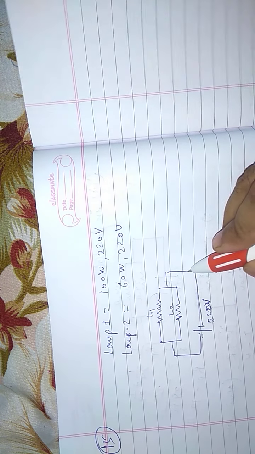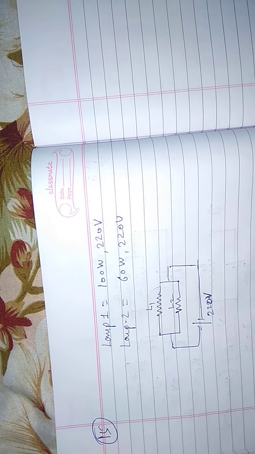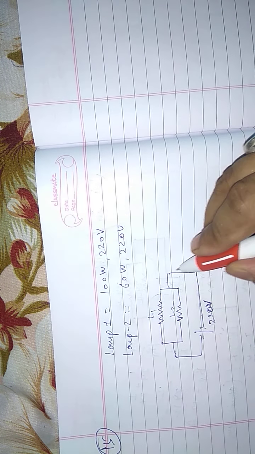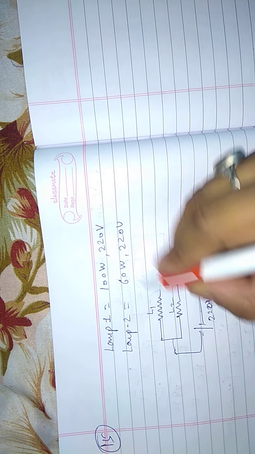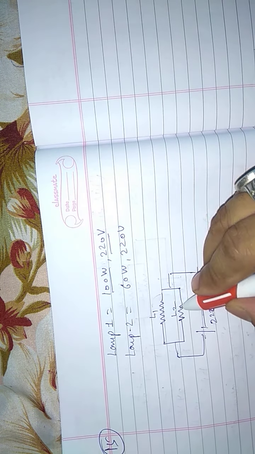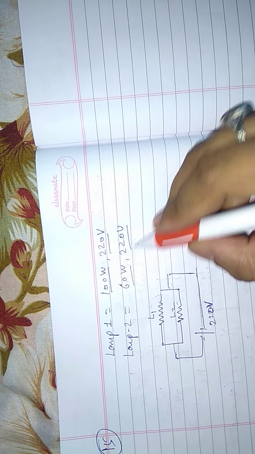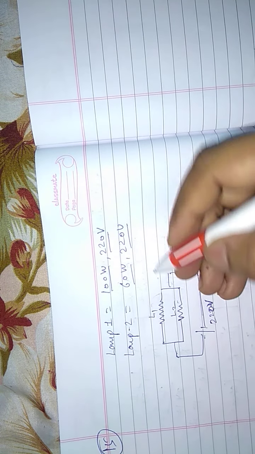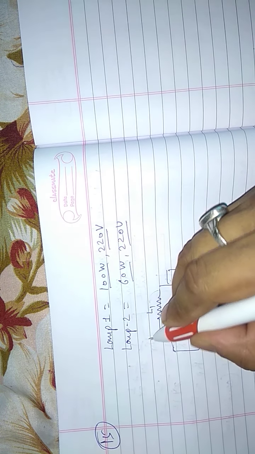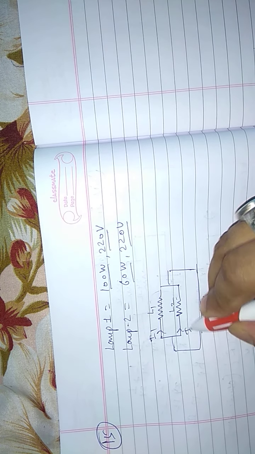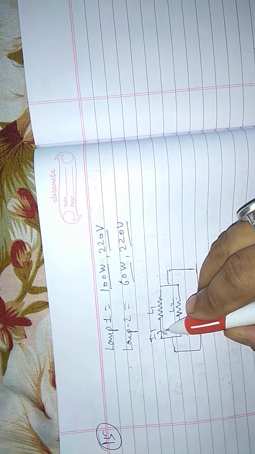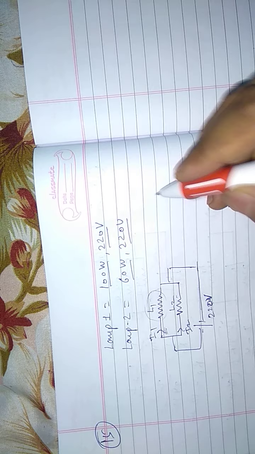Okay, this is the simple house connection basically. This is L1, 100 watt 220 volt. This is 60 watt and 220 volt. What is the current? Simply, this is I1 and this is I2. What will be the I1? How much current is required?